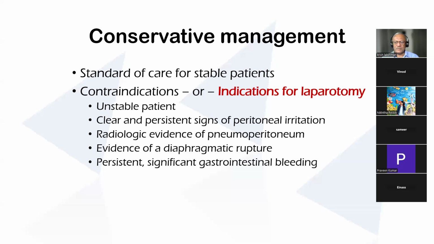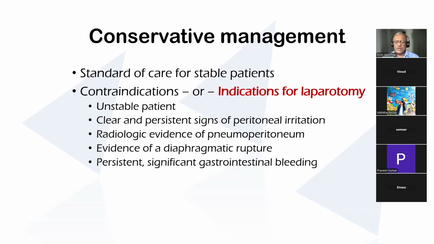If somebody is guarding, when you say peritoneal irritation, it is basically a pneumoperitoneum and a bowel rupture. Apart from bleeding, the only other thing that can happen is a hollow viscus perforation, peritonitis because of bowel contents leaking into the peritoneal cavity.